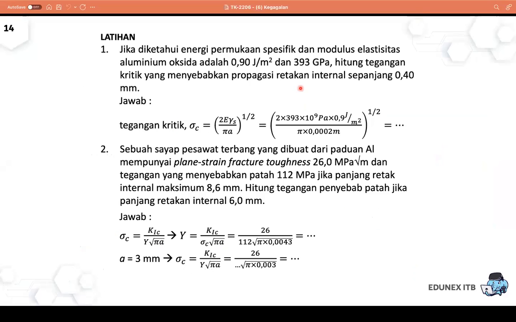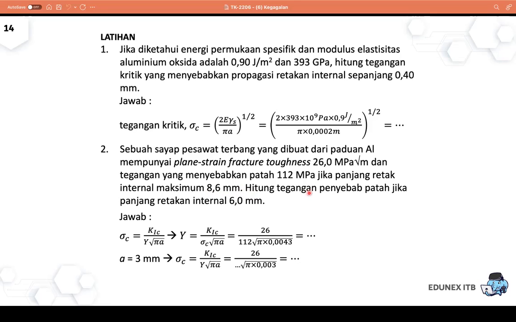Okay, so this one. This one also has an example, so you can try to check it by yourself. Here are the plane wings, sayap pesawat terbang. They are made from aluminum alloys, and you have the plane strain fracture toughness, or KIC, of 26 megapascal square root meter, and the stress has an internal maximum crack of 8.6 millimeters.